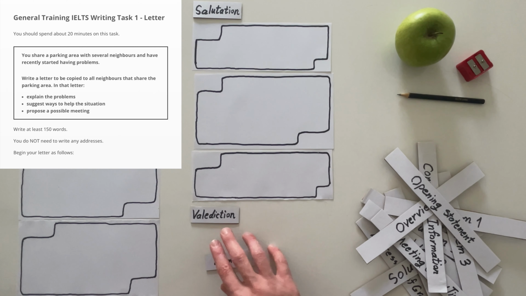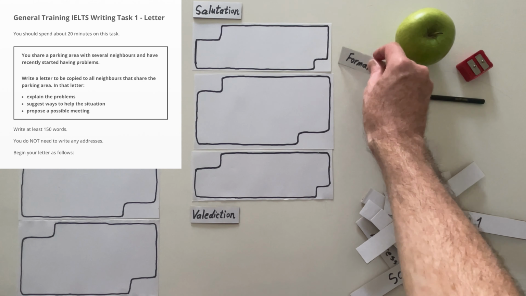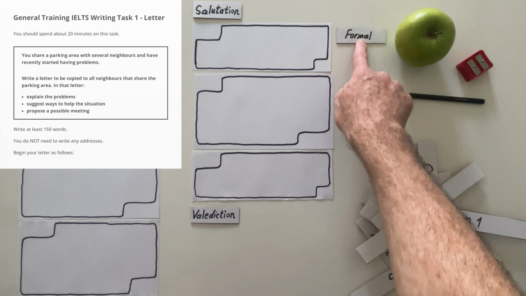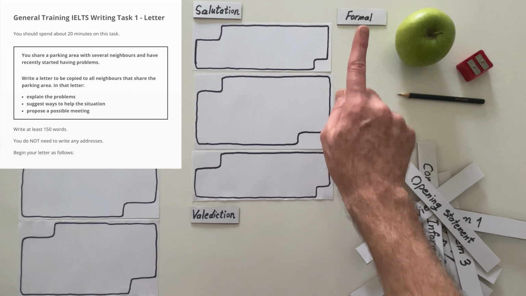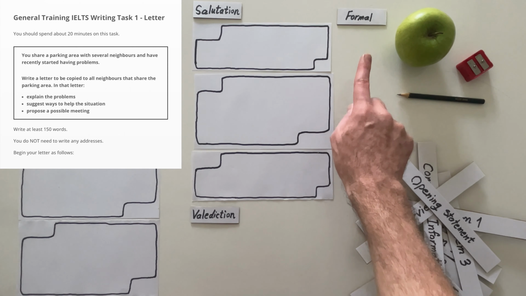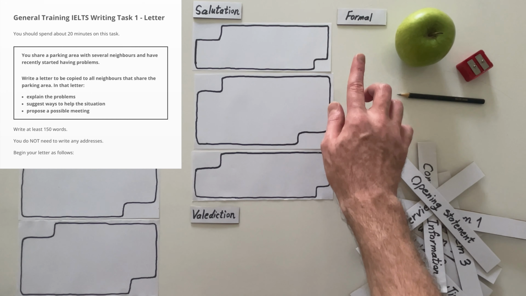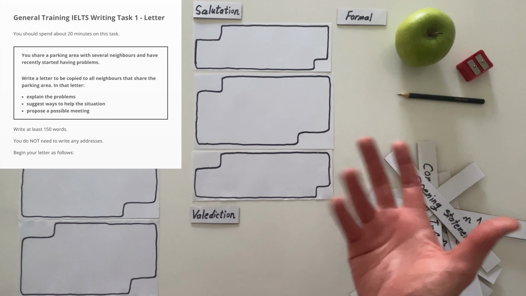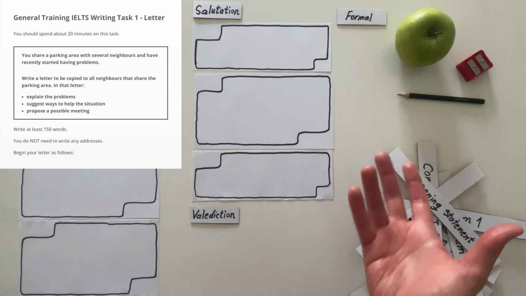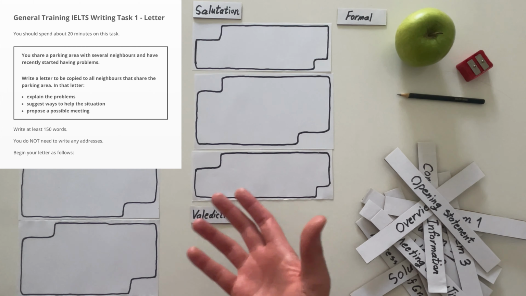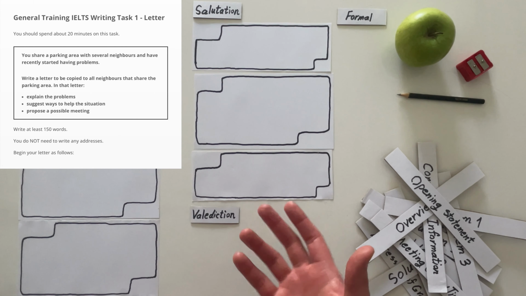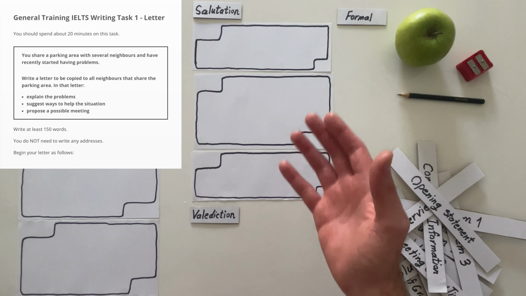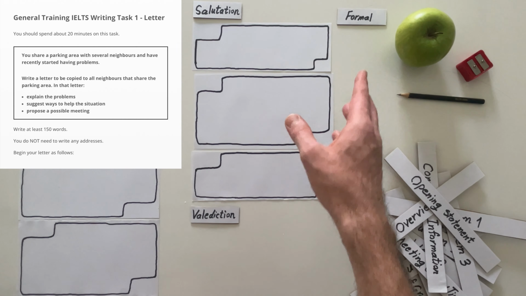So we say goodbye to this. You are going to talk to a group of neighbors. So you need to maintain a very formal, respectful tone throughout your letter. And you're going to talk to, imagine 50 different families with different backgrounds and different attitudes. So it's quite difficult. That's why you need to maintain the formal tone.